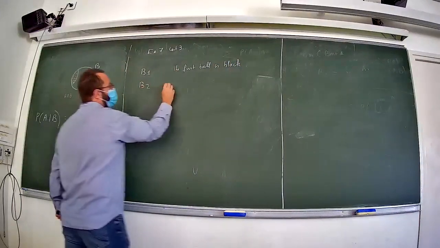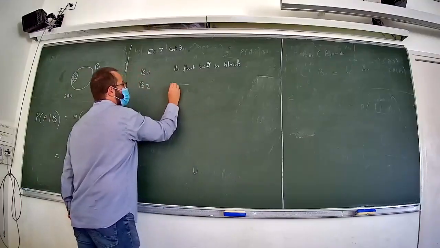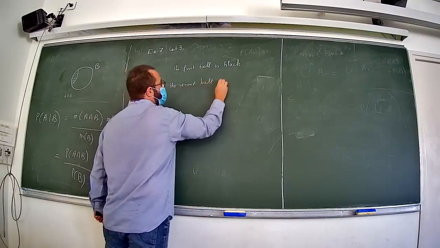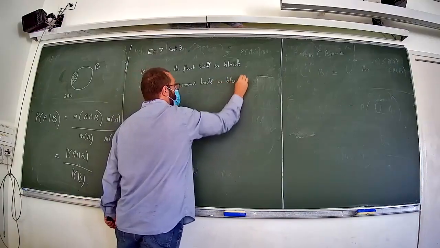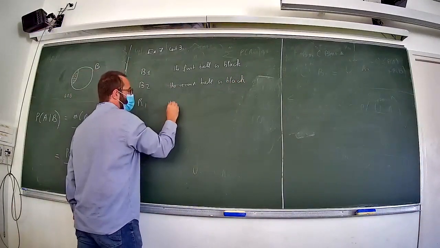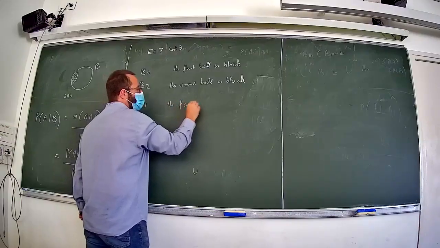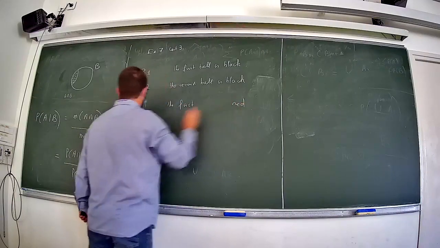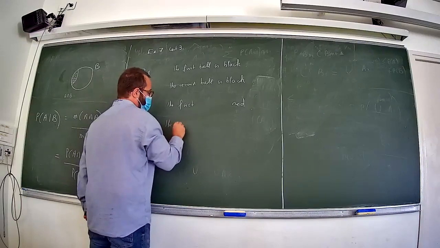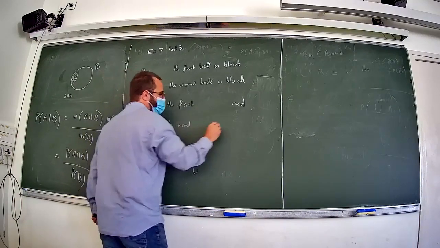B2, the second ball is black. You have understood. R1, the first ball is red. R2, the second is red.